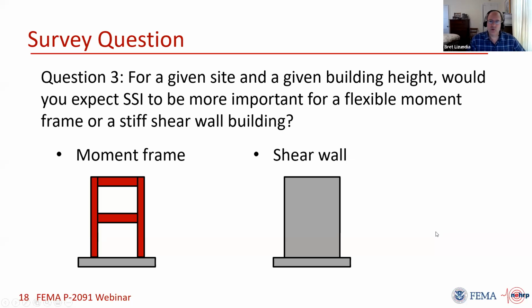Okay, so let me ask you a question here, or I'll actually let Kiara ask that question. Great. So for this question, for a given site and a given building height, would you expect soil structure interaction to be more important for a flexible moment frame or for a stiff shear wall building?